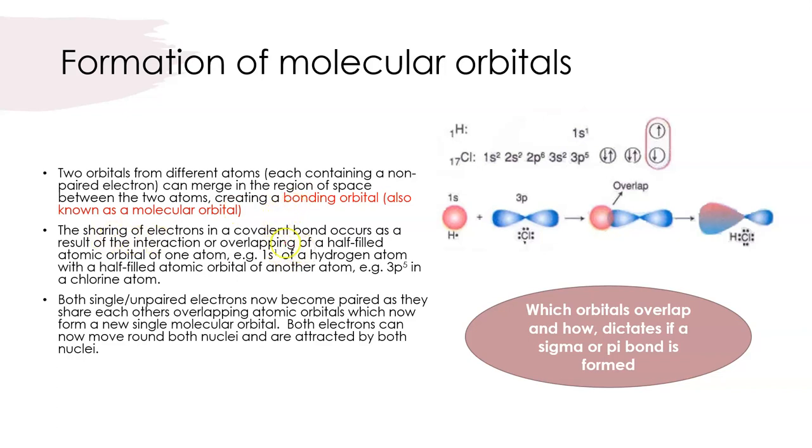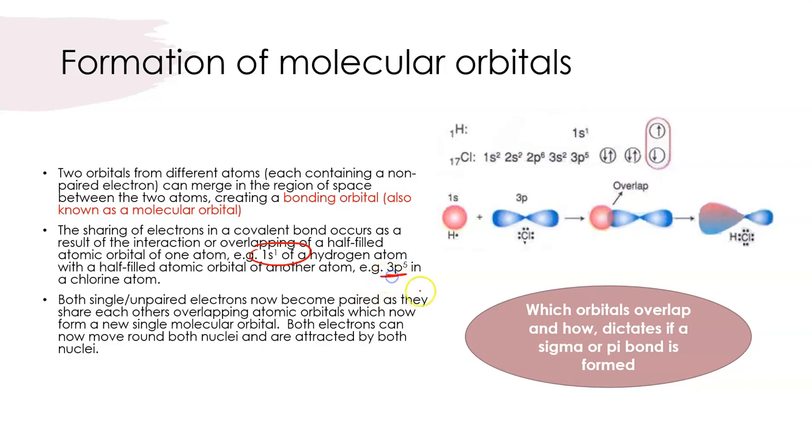The sharing of electrons in a covalent bond occurs as a result of the overlapping of a half-filled atomic orbital from one atom and a half-filled atomic orbital from another. When this is hydrogen, we have the 1s1 orbital overlapping usually with a 3p5 in the chlorine, or 3p3 from the carbon, something like this.